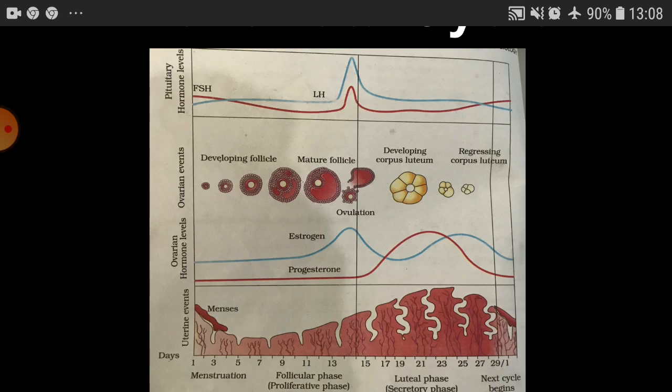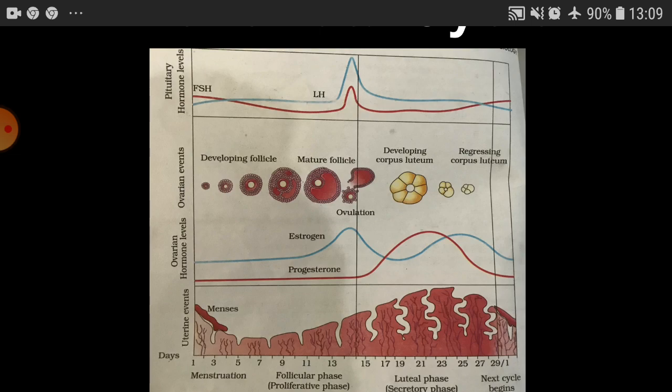The first menstruation begins at puberty and this is known as menarche. The menstrual cycle in humans lasts for around 1 month, that is 28 to 29 days to be more exact. The days are numbered from the first day of the blood flow in the menstrual period.